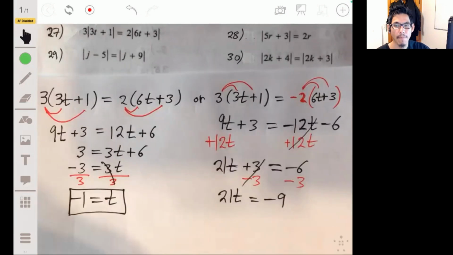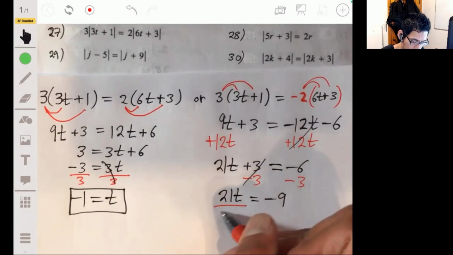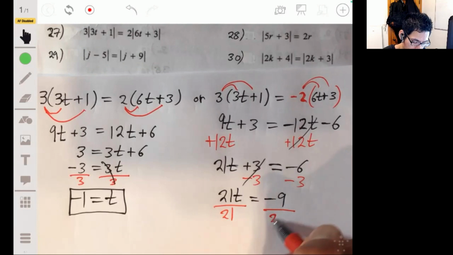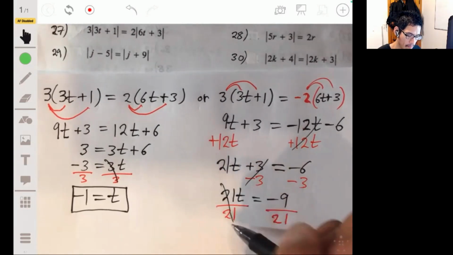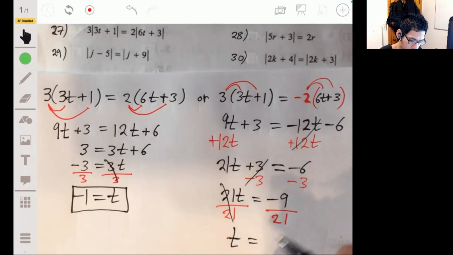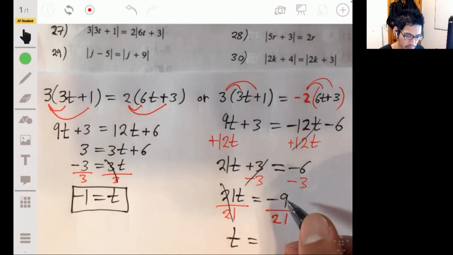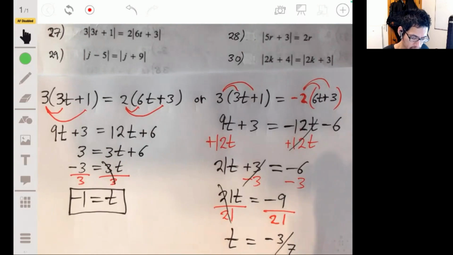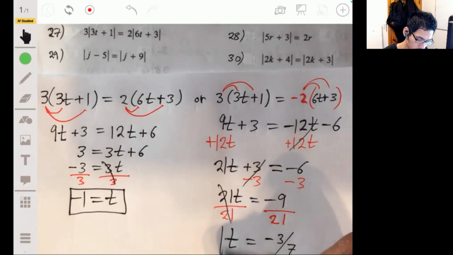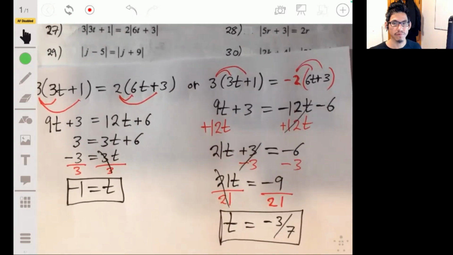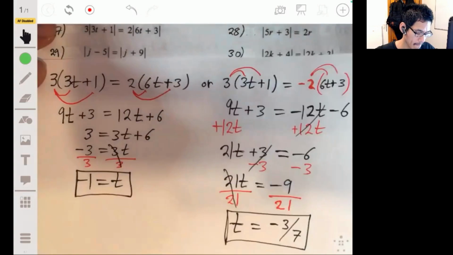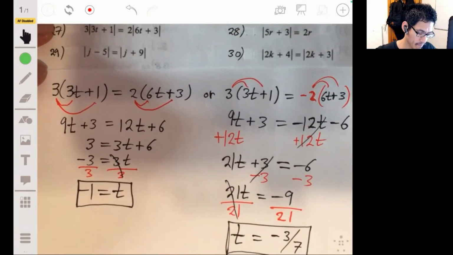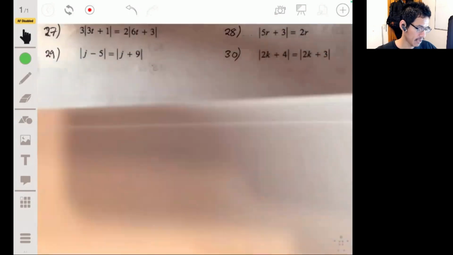And then divide both sides by 21. And we get t is negative 9 over 21, reducing it to negative 3 over 7. All right, cool. These are powerful ones.